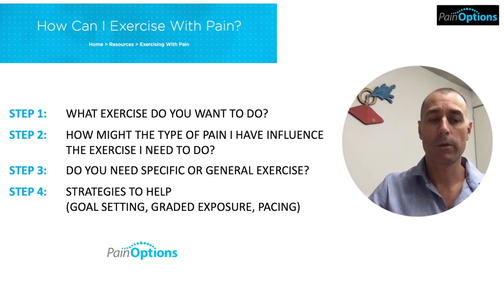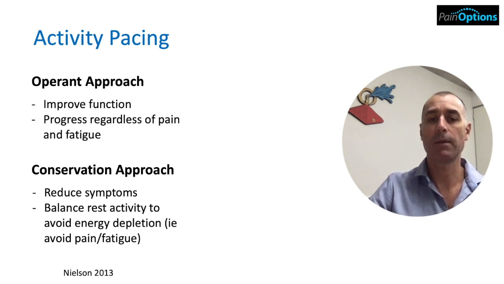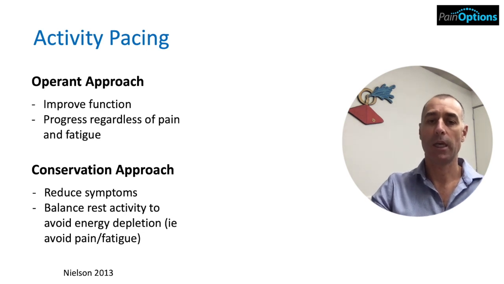So what we'll talk about now, just to finish, is some additional information around progression of exercise and dealing with the more challenging patients that still require exercise. So activity pacing, you probably hear this term all the time, and there's a couple of approaches. One is operant, where basically you keep progressing and building your exercise or activity levels regardless of pain and fatigue.